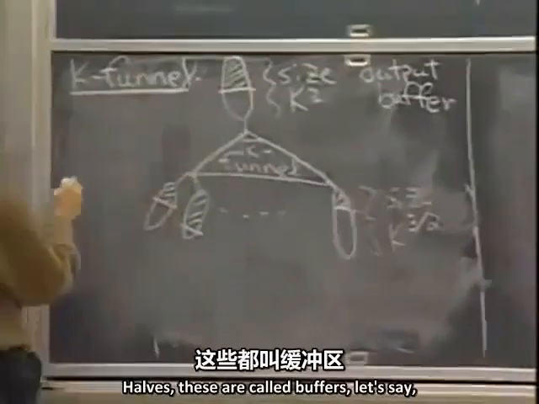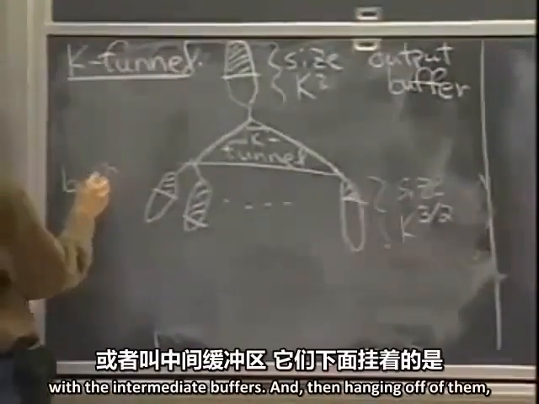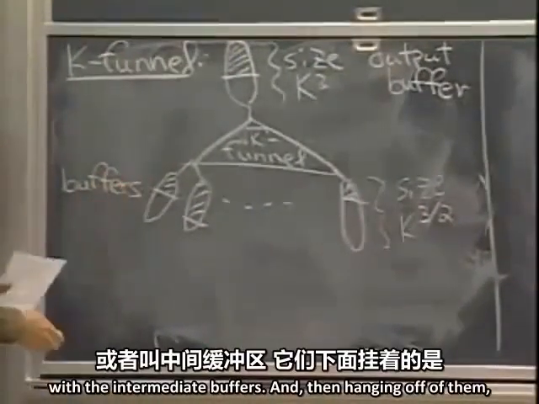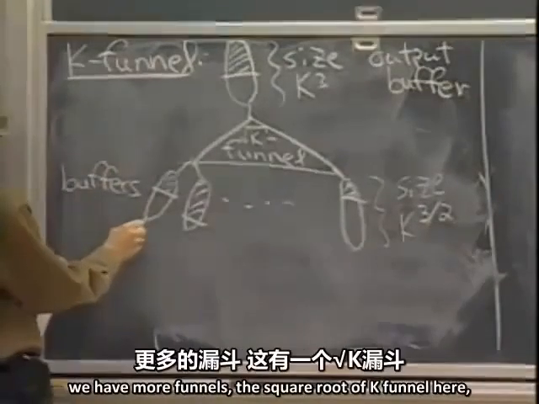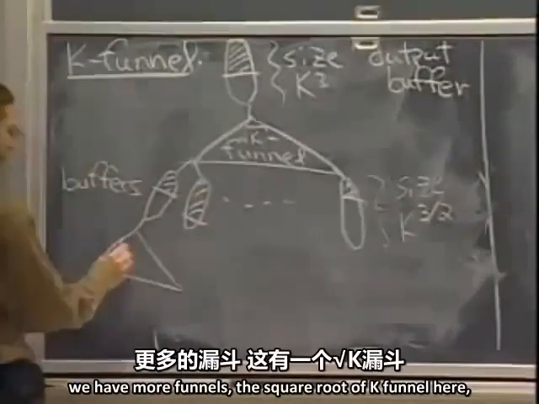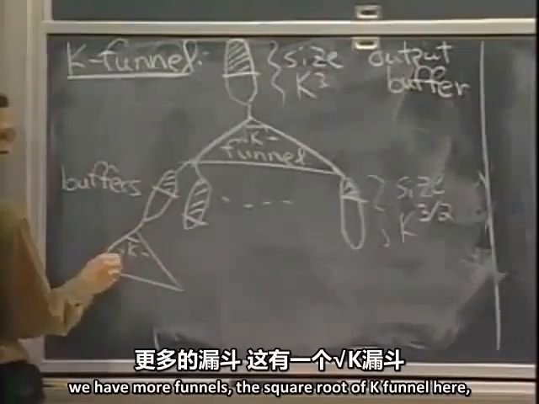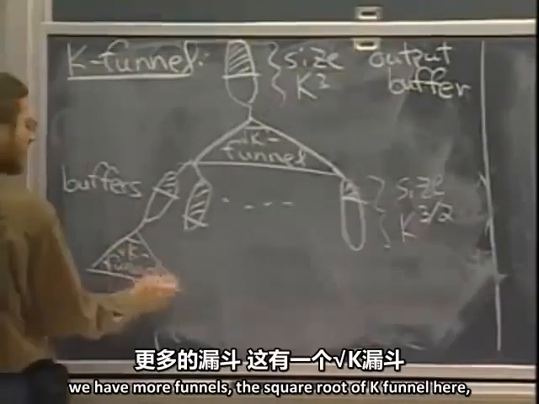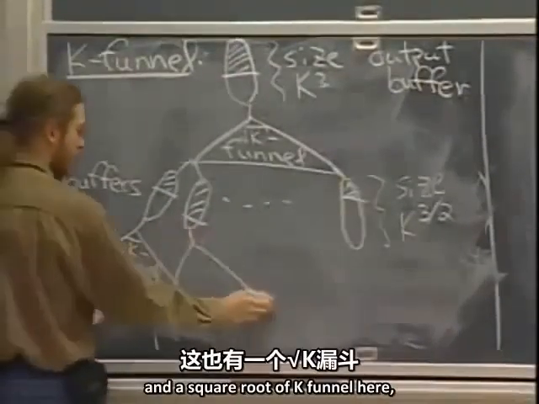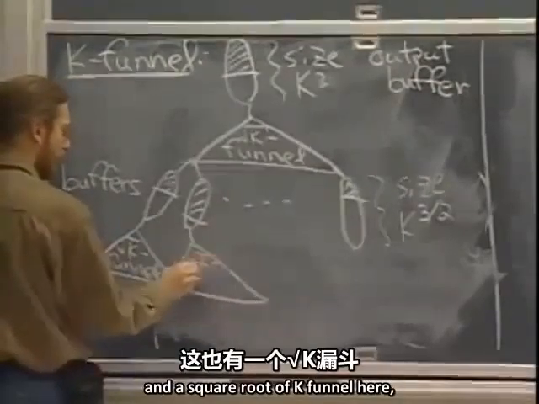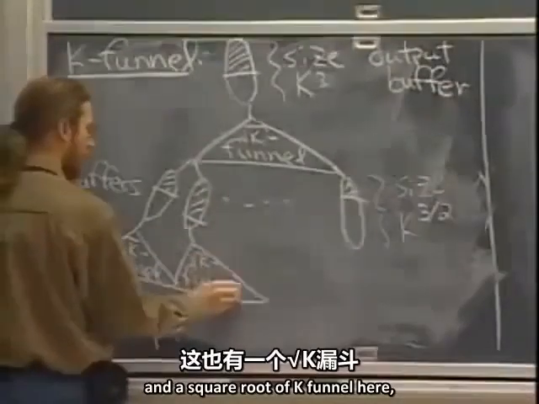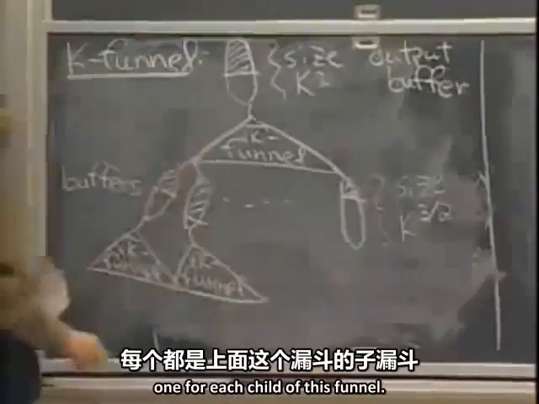These are called the intermediate buffers. Then hanging off of them, we have more funnels: a square root of k funnel here, and a square root of k funnel here, one for each buffer, one for each child of this funnel.